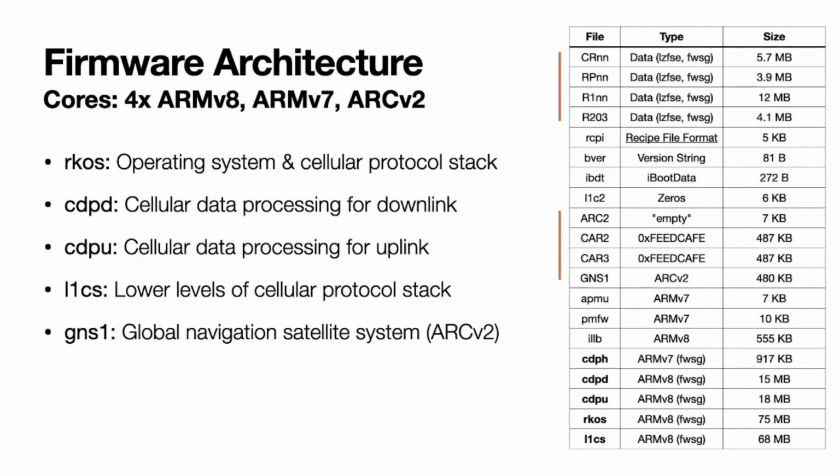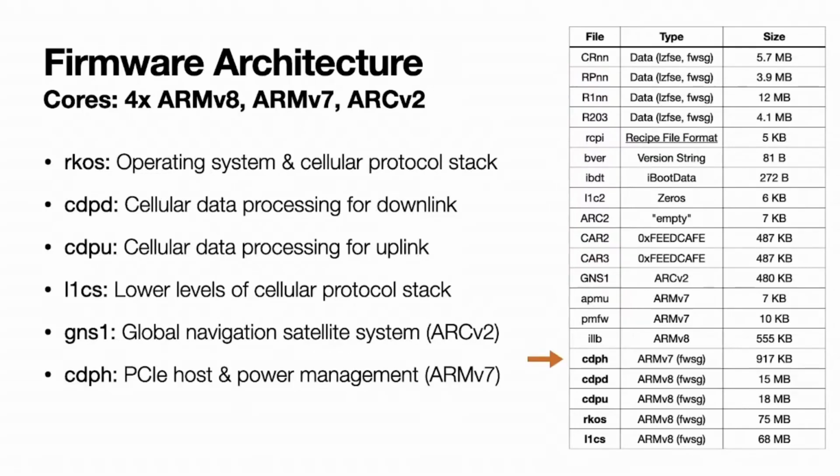This is a pretty old architecture. And our assumption is maybe Intel or Apple bought this core and IP in the past, and they just continue to use it because it works. Then we got a PCIe host controller, and it also does some power management, but this is only an ARMv7 core, and we assume this runs all the time, so it should be a bit more power efficient, and your input data is basically trusted, so you don't need that much security mitigations.